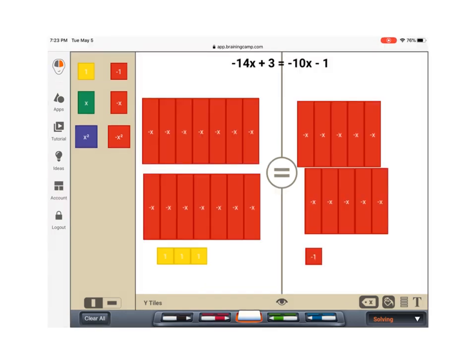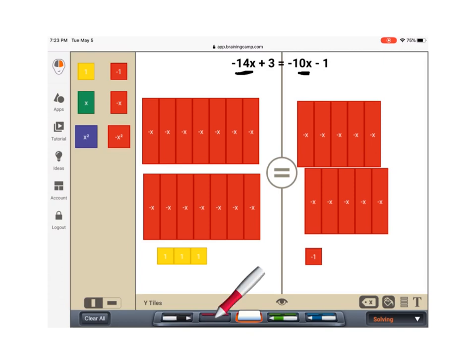The next equation that we want to look at is negative 14x plus 3 equals negative 10x minus 1. Now this one, you'll notice, again, we have x's on both sides. We have negative 14x's on this side and negative 10x's on this side. And again, first thing we want to do is remove the x's from one or the other side.